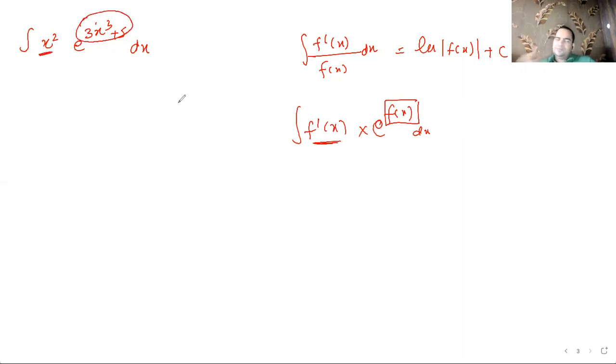For example, the favorite variable that we substitute is u. Let's say u is 3x cubed plus 5. Now the derivative of u is 6x squared.